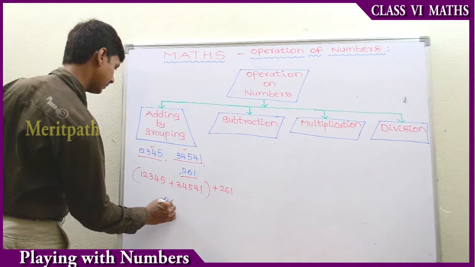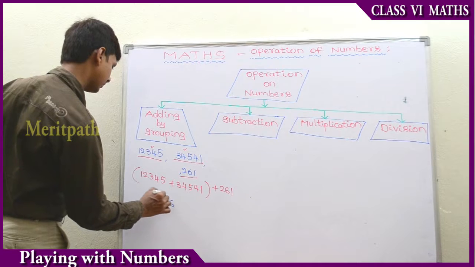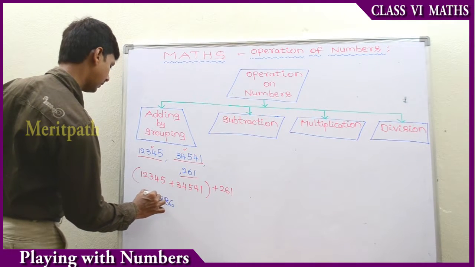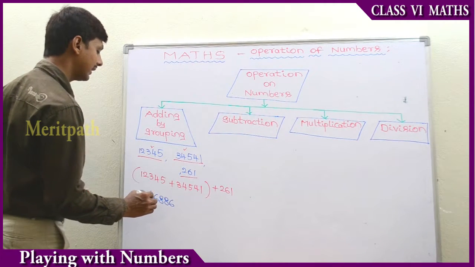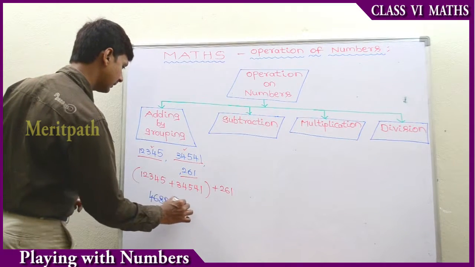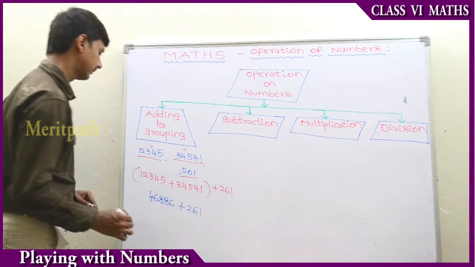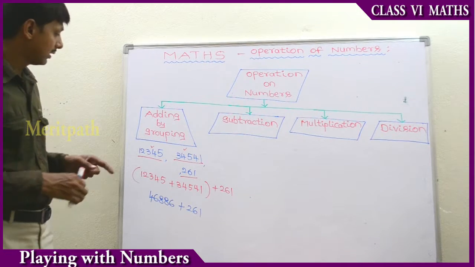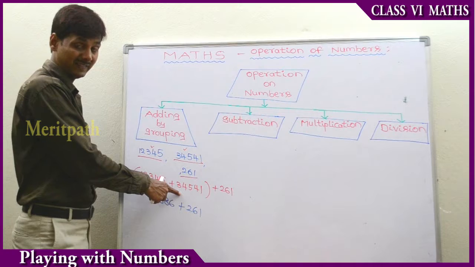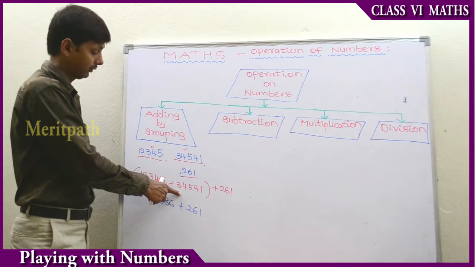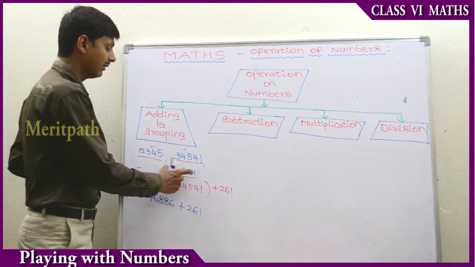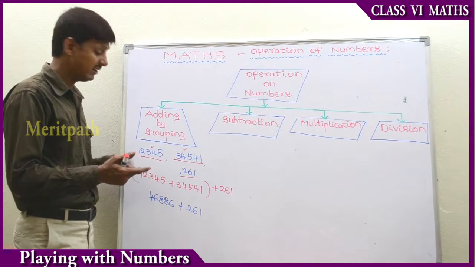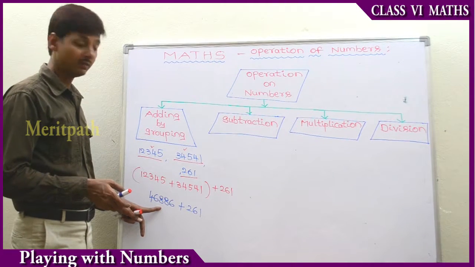6, 8, 8, 6, 4: 46,886 plus 261. In this manner we add these numbers because these two have the same places. We take them as a group and add them separately, and after adding we got a number.